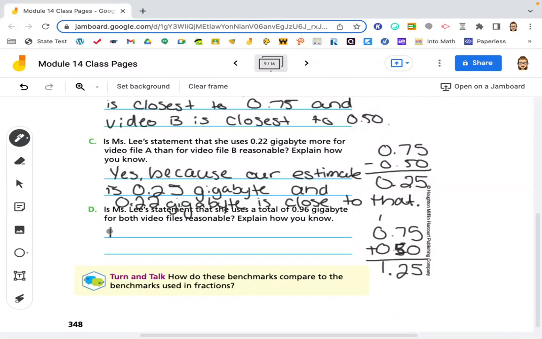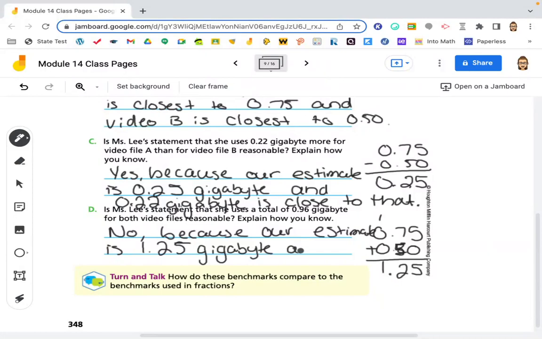So we're going to say no, because our estimate is 1 and 25 hundredths gigabyte, and 96 hundredths gigabyte is not close to that.